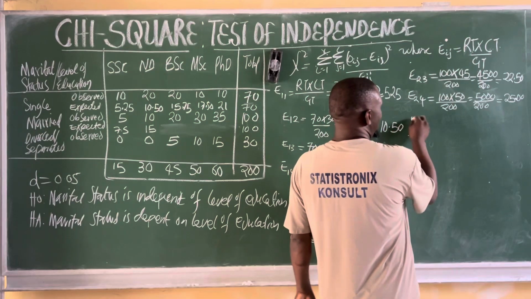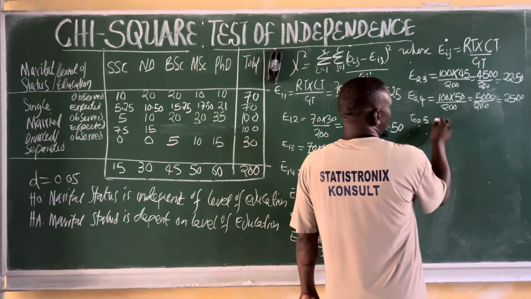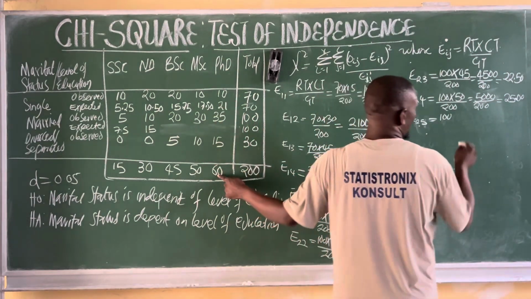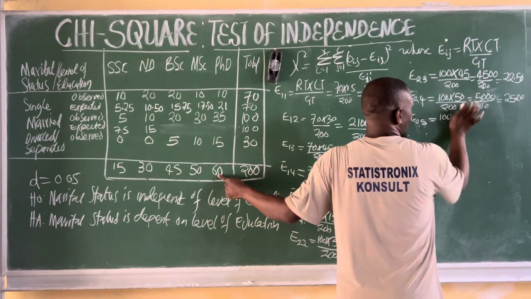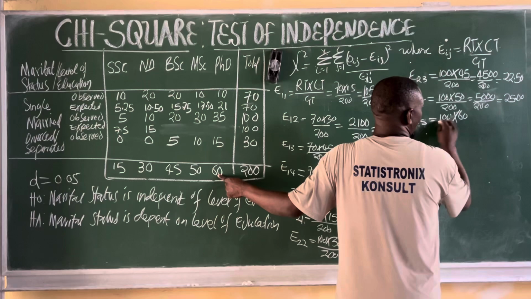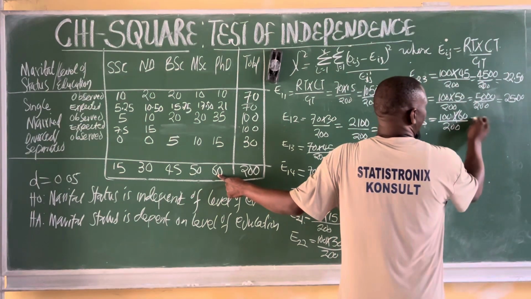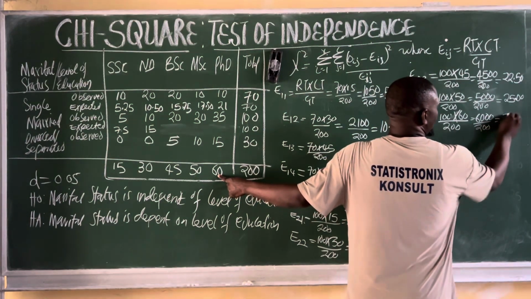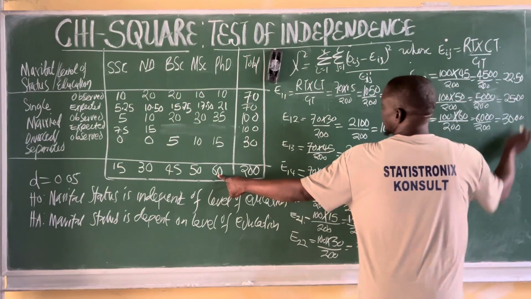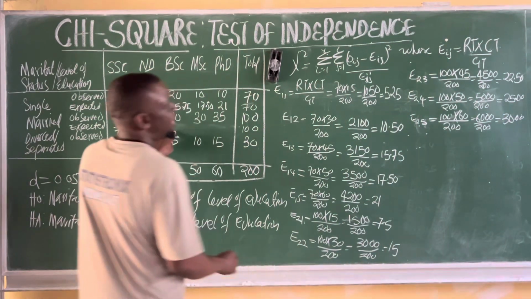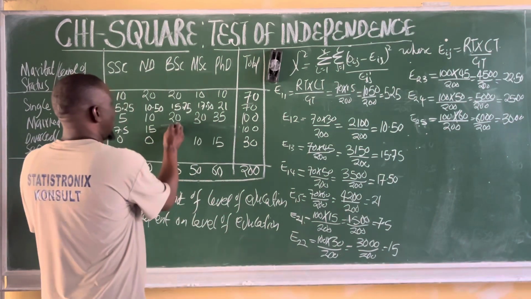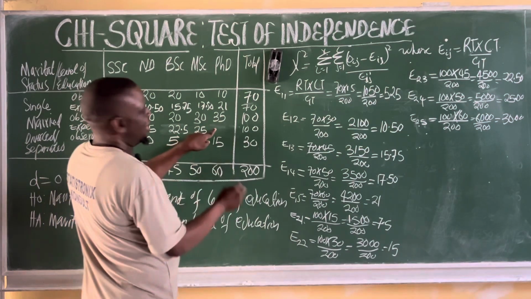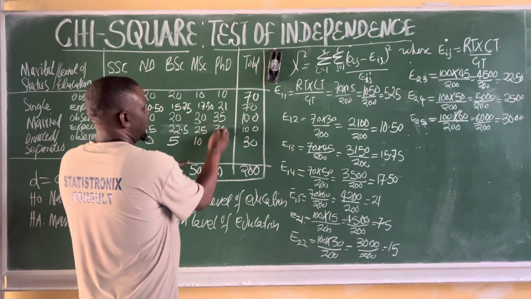So that our E25 will be equal to 100, the row total, times 60, which is the column total, over 200. And that will be 6,000 divided by 200, which will be equal to 30. Okay? So we have here 22.5, the expected value here. The expected value here is 25, and then the expected value here is 30.